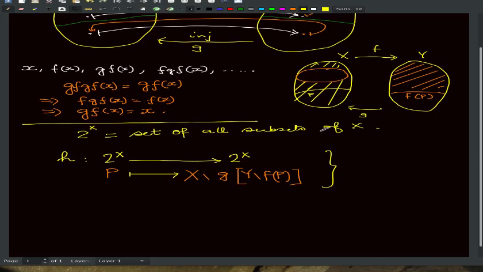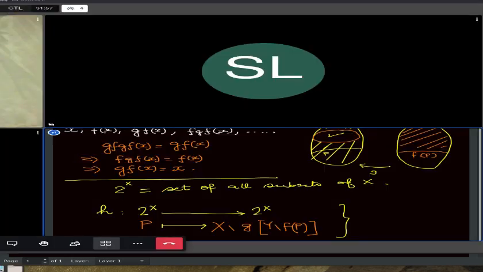So first I take Y minus F of P, then I take its image under G, which is this part, and then I take the complement of that. Okay, now I get it.